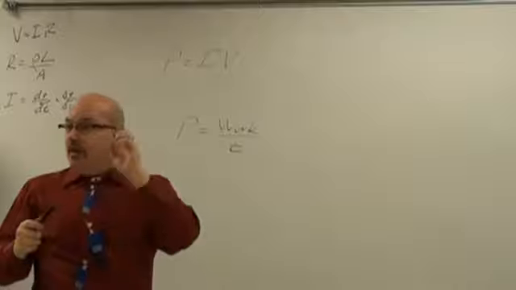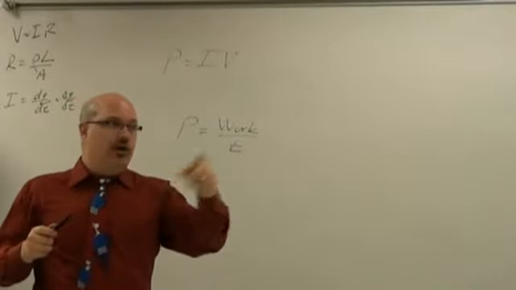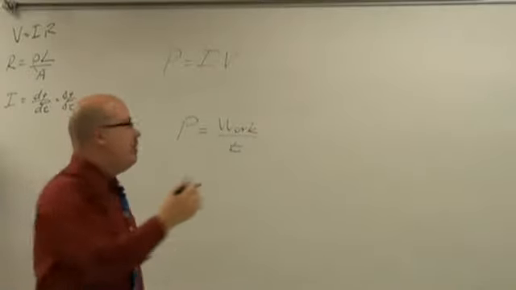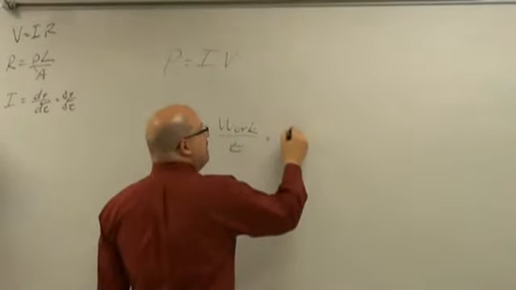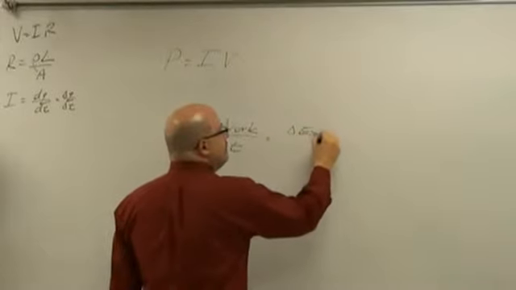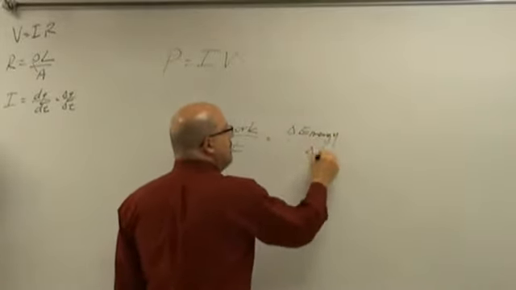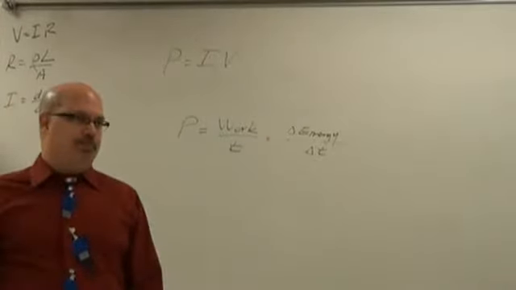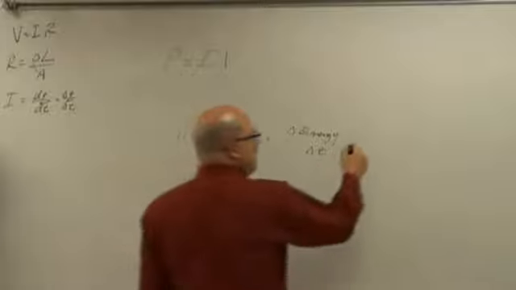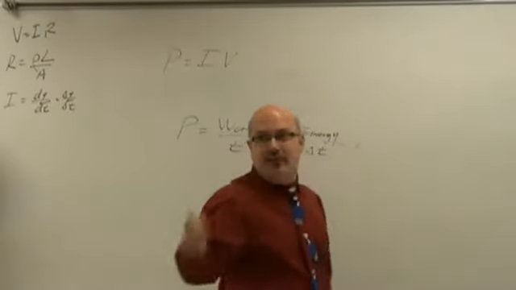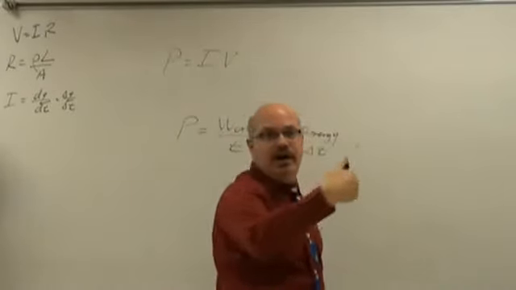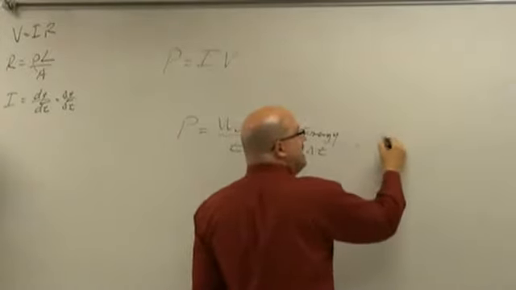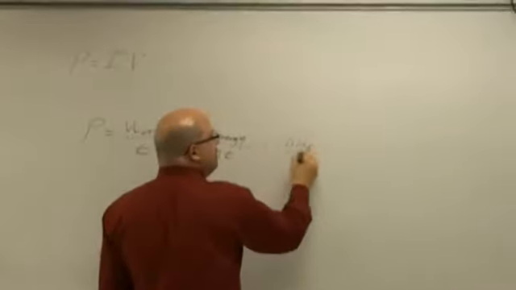Work is F D cosine theta, or we can think of it in the bigger sense that work changes the energy of the system, right? So this is the same as the change in energy over time. What kind of energy are we changing in a circuit? We're changing electric energy. We're turning electric potential energy into something else, like light or sound or heat, right? So this is a change in electric potential energy over time.